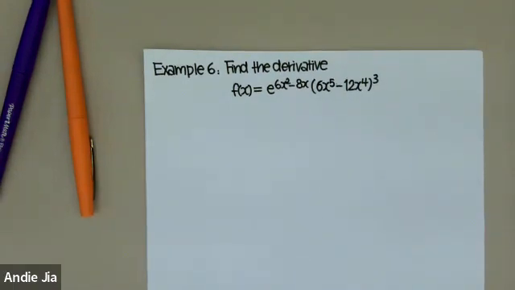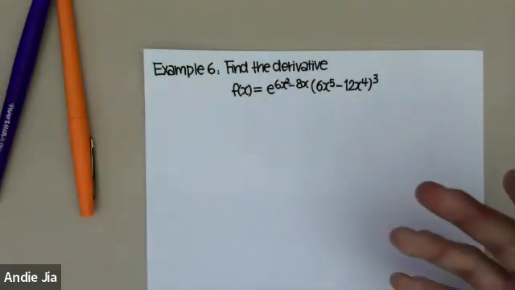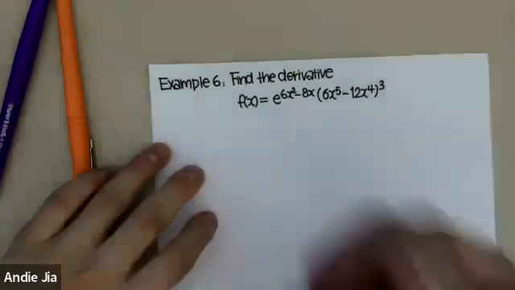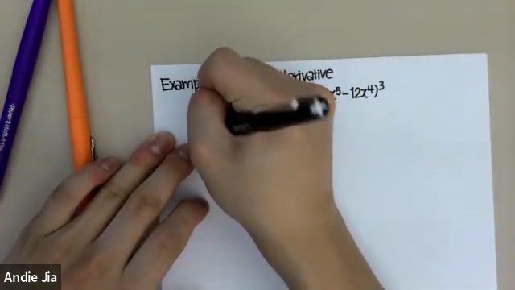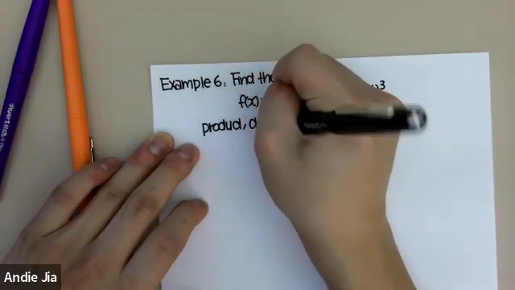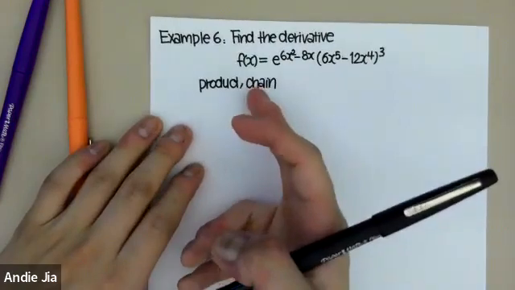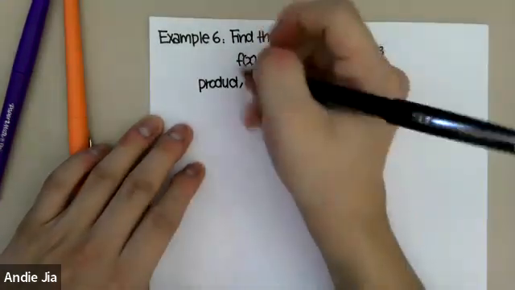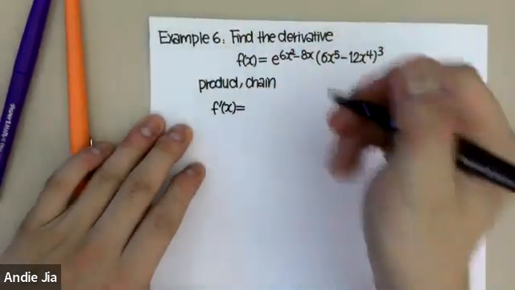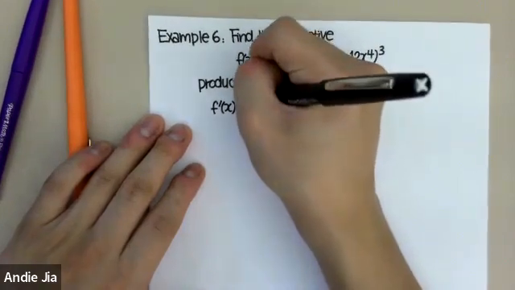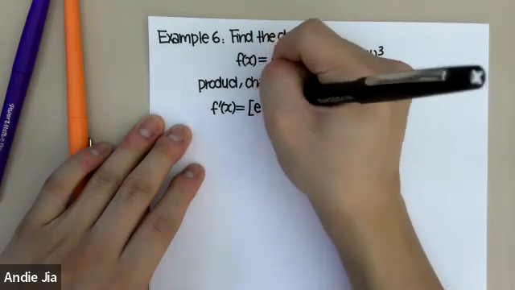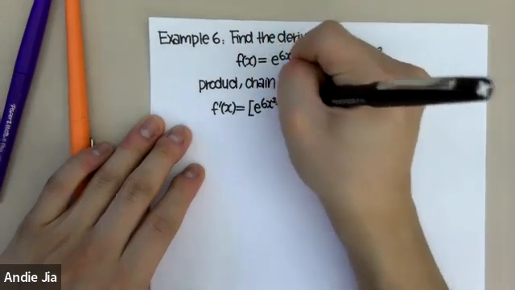Now you just use the power rule, chain rule, and the product rule. Those are the main methods for this question. And it's going to be e to the sec x squared minus 8x.